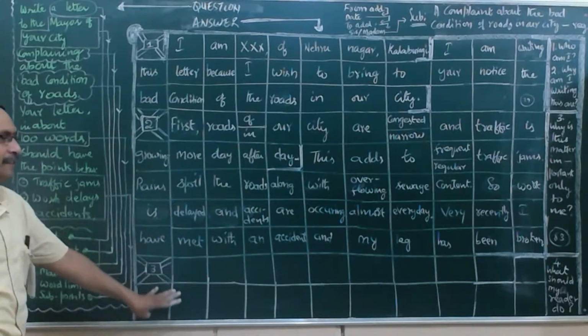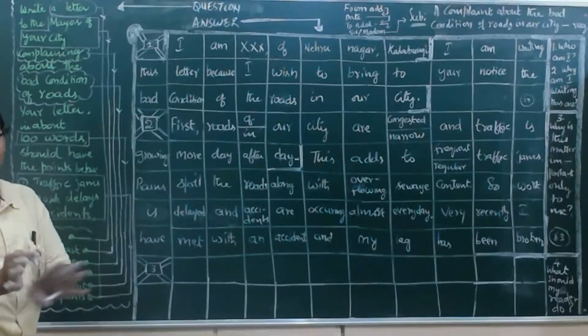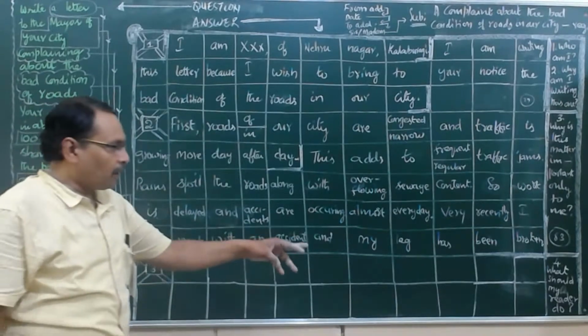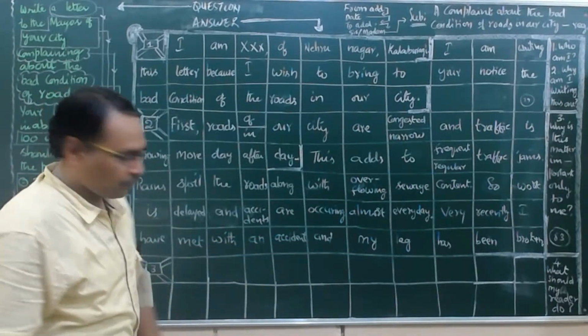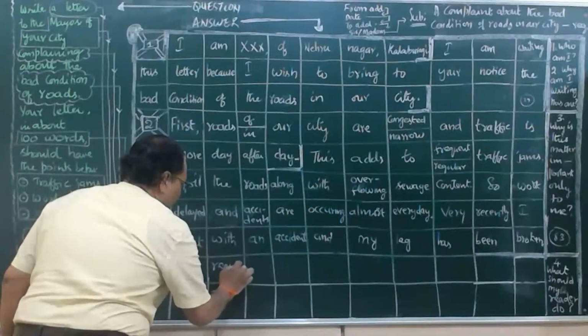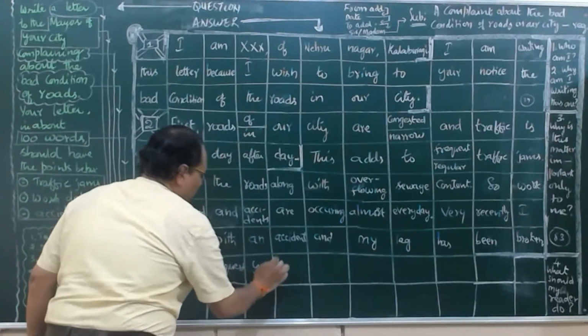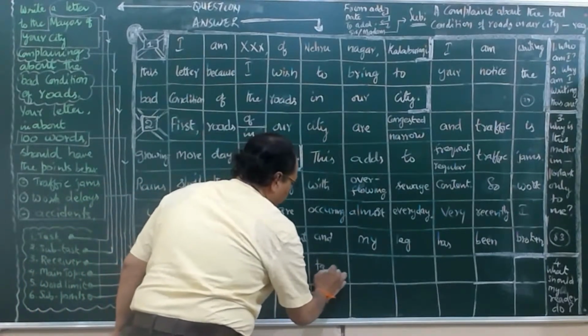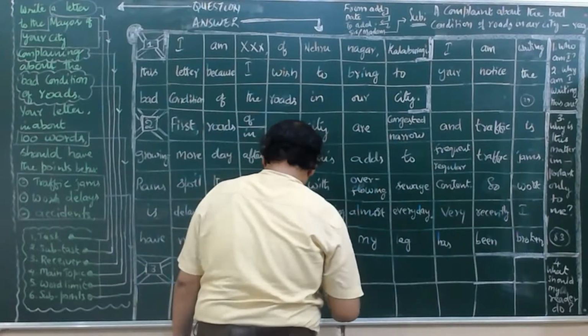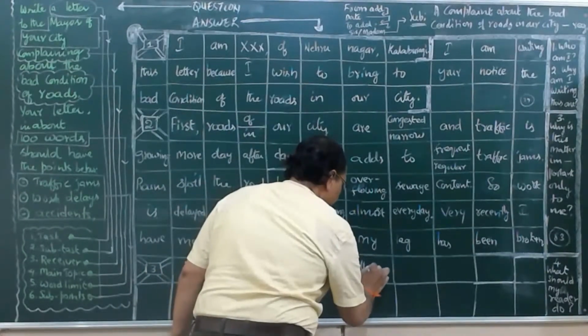Now we have only these many boxes, and we must adjust the boxes also. So let us write the last part. The last part is, what should my reader do? So I request you to take up this matter.